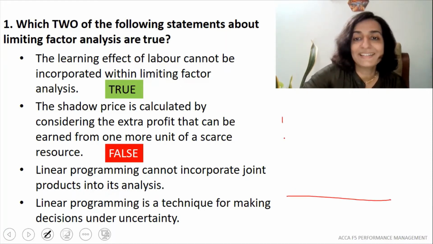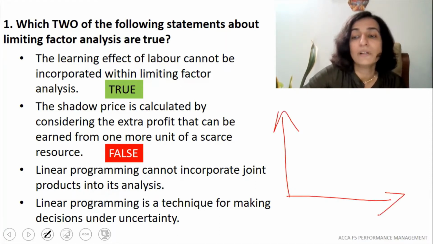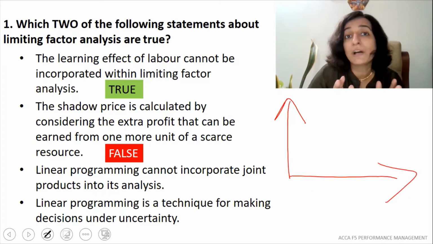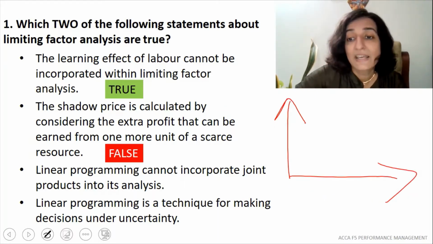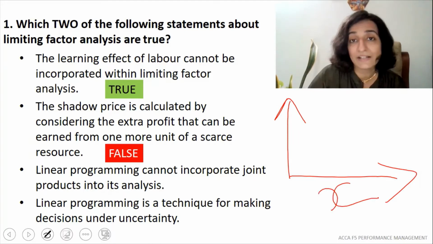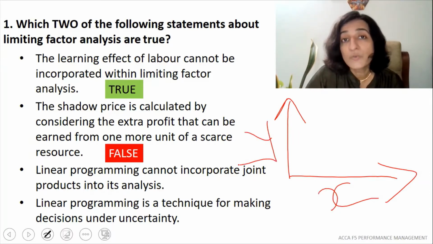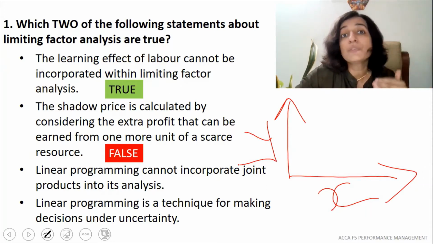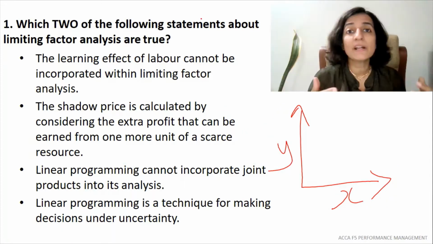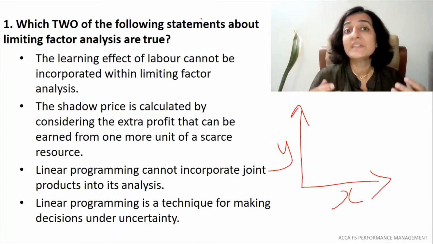On the x-axis and the y-axis, you have the 2 products. We are trying to find out the optimum product mix. That is how many units of X are to be produced and how many units of Y are to be produced, which means that if you increase the quantity of X, you will have to reduce the quantity of Y and vice versa because of the limiting factors, the limited resources.